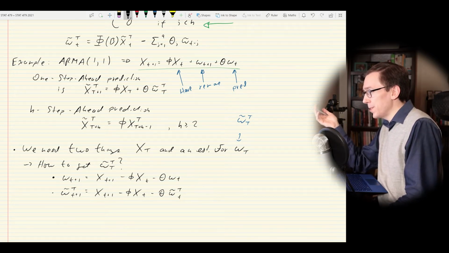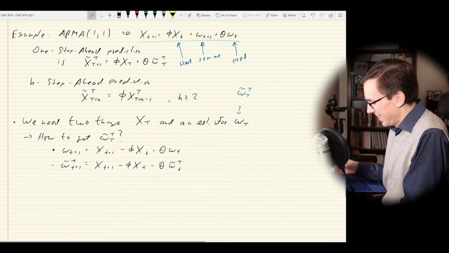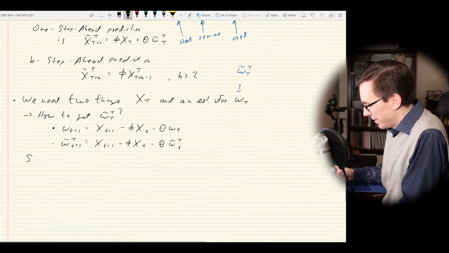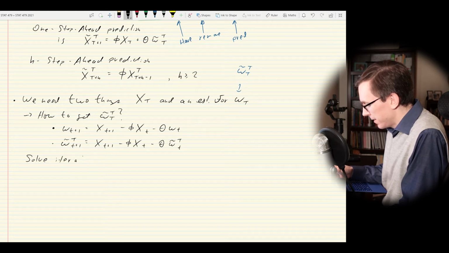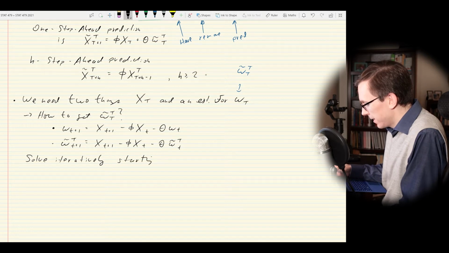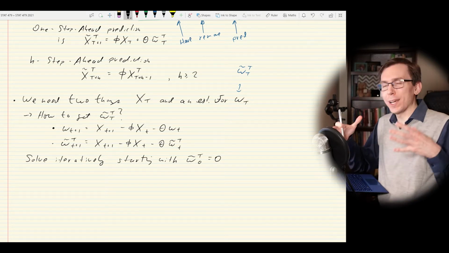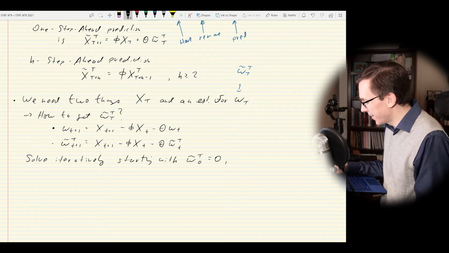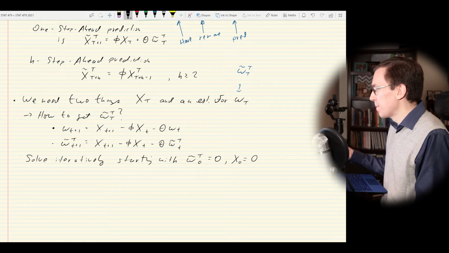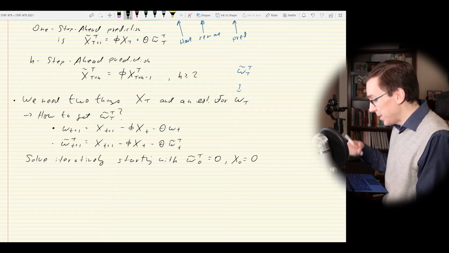All right, so what do we do? Well, we solve iteratively, starting with w tilde 0 equal to 0. So we start with white noise at time 0 being 0 and our observation x0 being 0. And then we just start computing.